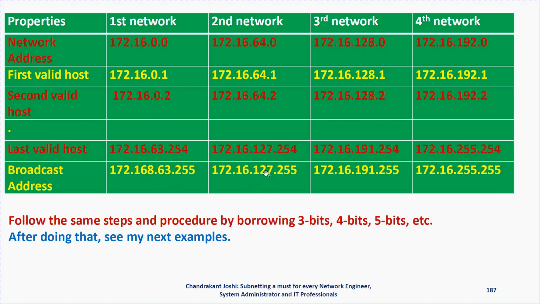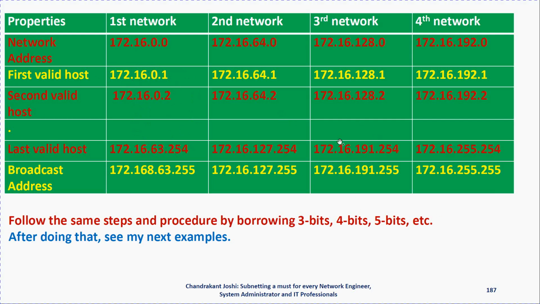Likewise, 1 less than this will be the broadcast address for the second subnet, and so on. 1 more than the network address means the first valid host. 1 less than the broadcast address means the last valid host. Anything in between these two will be the valid host addresses.